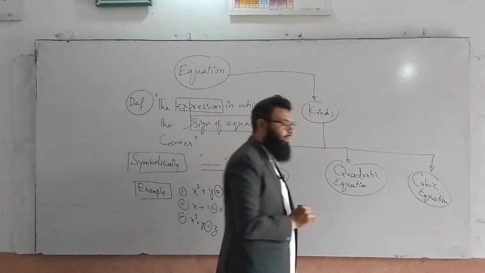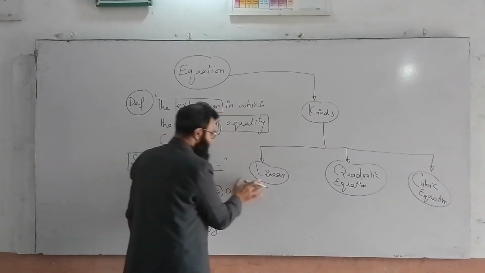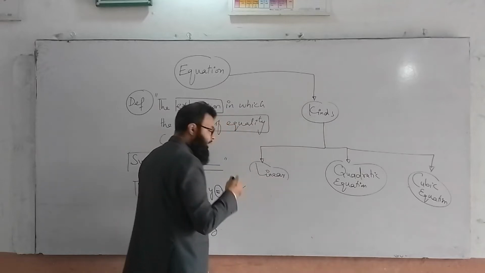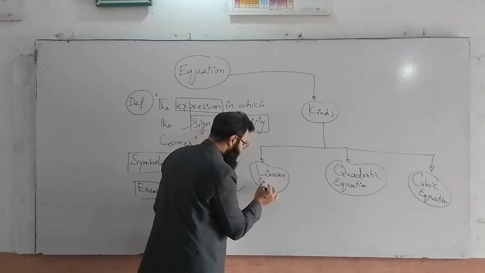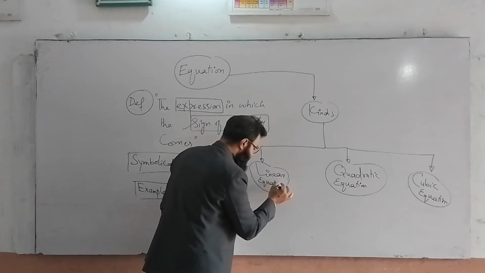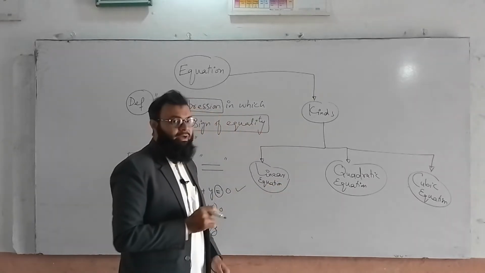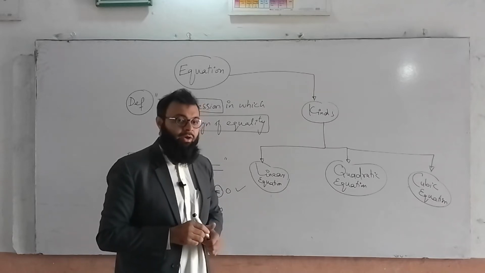We can classify the equation into three categories up to FSc level. This classification is based upon the highest power of the variable.